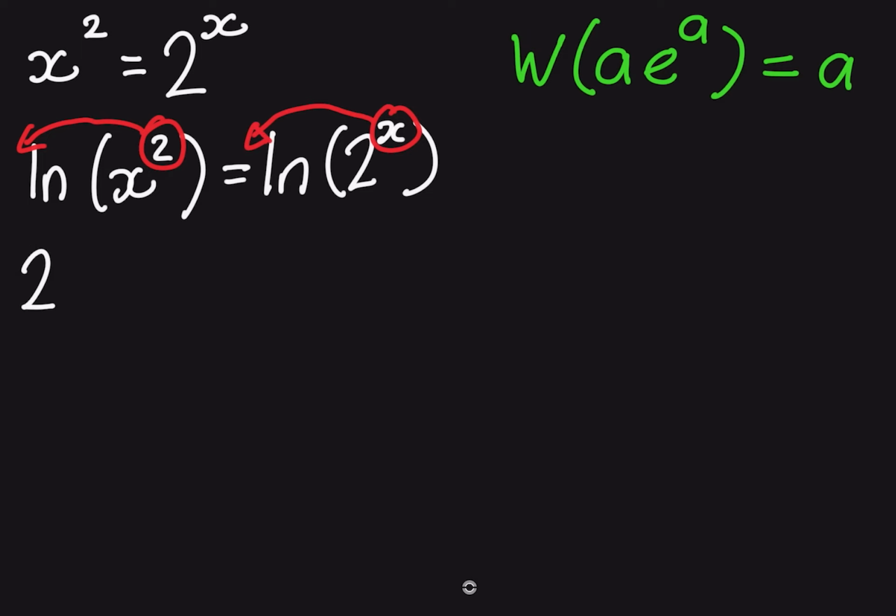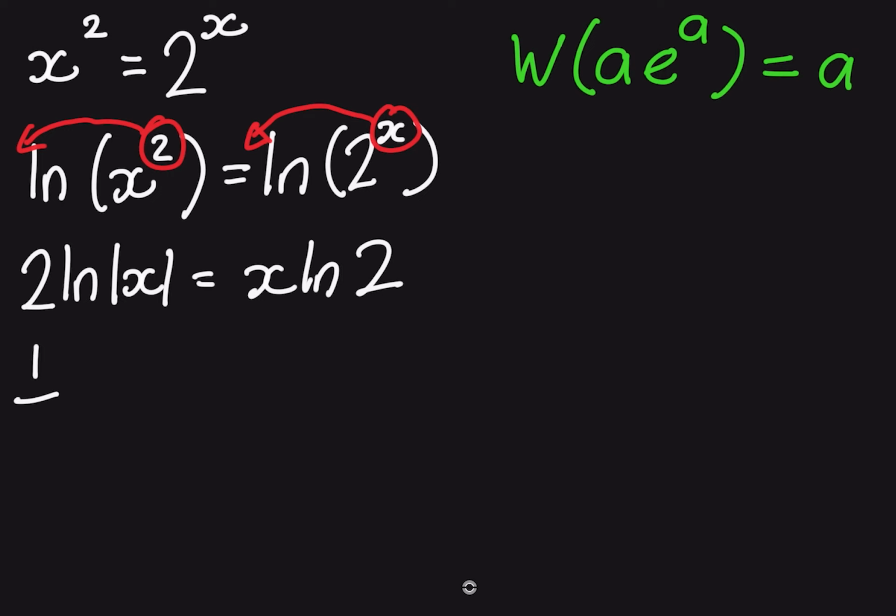So this will become 2 ln of |x| and x ln 2. Now it's an absolute value because x squared is always positive, so that must stay positive. Then I'm going to rearrange my equation to become 1 on x ln absolute value of x, and that will be equal to a half ln 2.